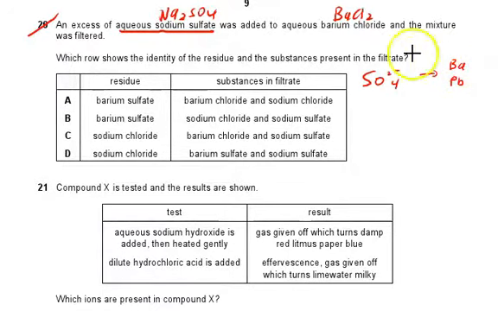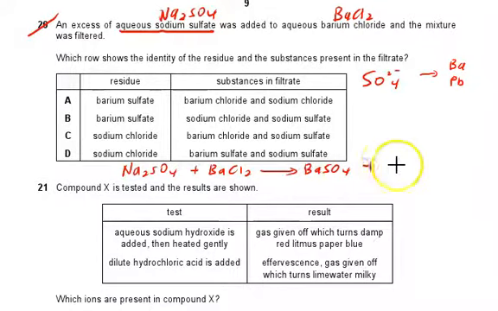Alright, so let me do an equation for you over here. Sodium sulfate plus barium chloride gives barium sulfate plus sodium chloride.